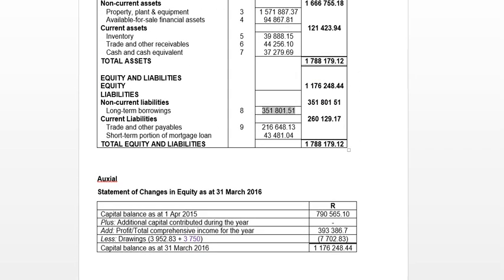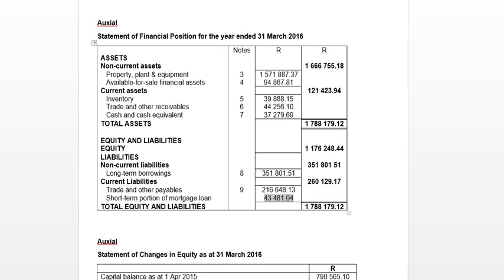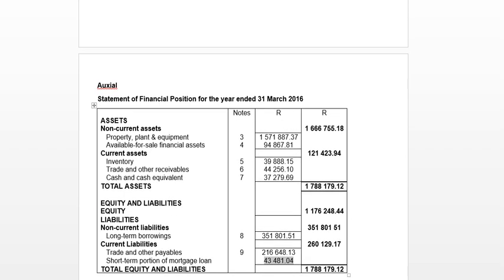So if we record that, we're going to record our non-current liabilities being our long-term borrowings, and then under our current liabilities we're going to record our short-term portion of our mortgage loan, 43,481.04 cents.